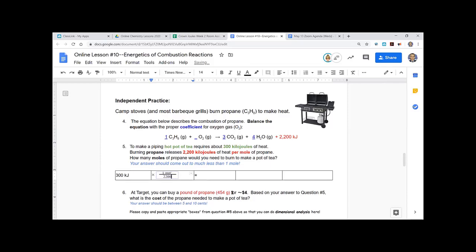Why would you do it that way? Because you need to cancel out the kilojoules. Exactly. The kilojoules must cancel, so they have to go on the bottom. And you have to tell the truth. It is 2,200 kilojoules for 1 mole, so that has to go on the top. Okay, so I'm hoping that makes sense to you. You did it perfectly.